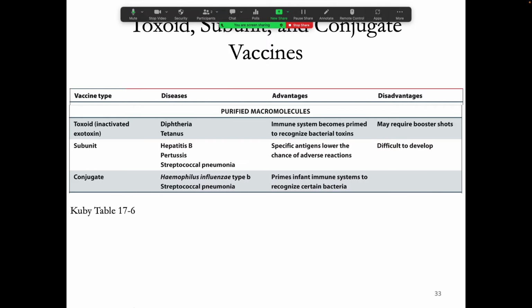Depending on the particular type of molecule or the kind of piece of the microbe that we are using, we could have either a toxoid, a subunit, or a conjugate vaccine.